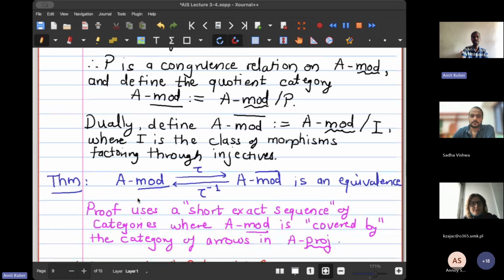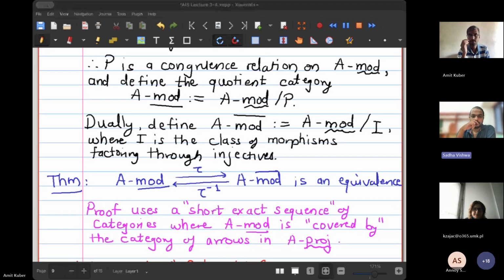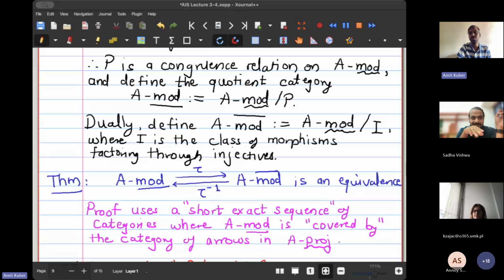And there is this theorem whose proof I'm not going to cover. I have a small question. The underline on the left-hand side was a notation, and the tilde on the right-hand side is just a decoration, right? Yes, I have been using that notation consistently for all the categories.